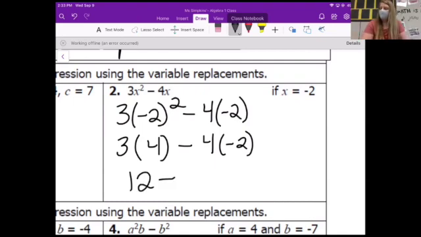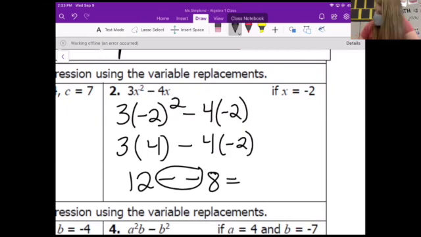So we have 12 minus -8. And we talked about integers on Friday. What happens to that minus negative? It turns to a positive. So 12 plus 8 would be 20. Beautiful.